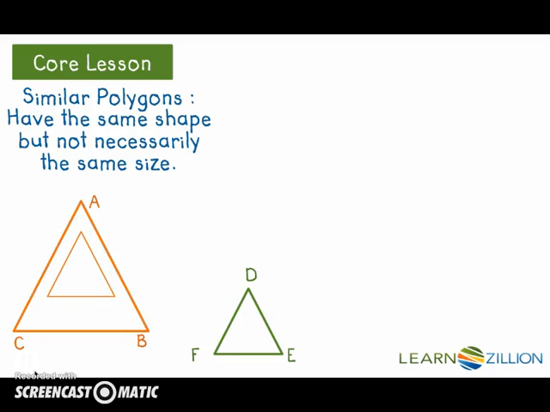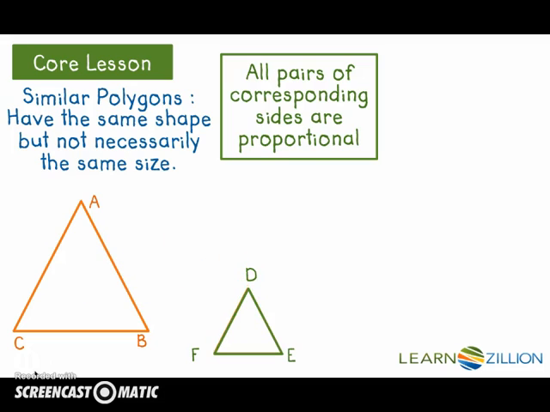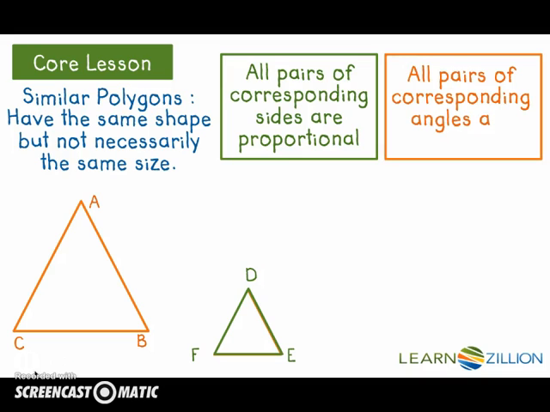And when we dilate that, we know that the corresponding sides are in proportion. Therefore, all pairs of corresponding sides are proportional to each other. After we dilate it, we can translate it to the right and down. And in doing so, our new triangle will be right on top of triangle DEF. Therefore, all pairs of corresponding angles are congruent.